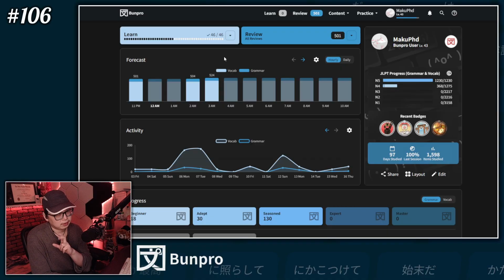And what I mean by child, I mean someone who's young and inexperienced, not someone who is literally young, like 13, 14, but as you're getting younger, you're less and less likely to have the experience. So there are some products out there that actually do this, and Bunpro kind of does this.